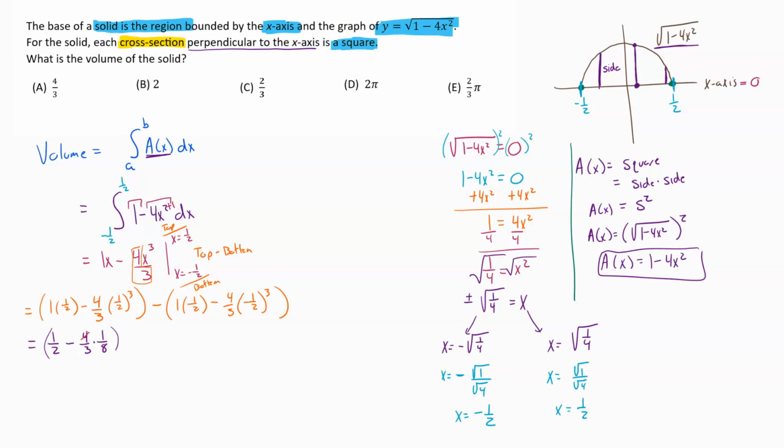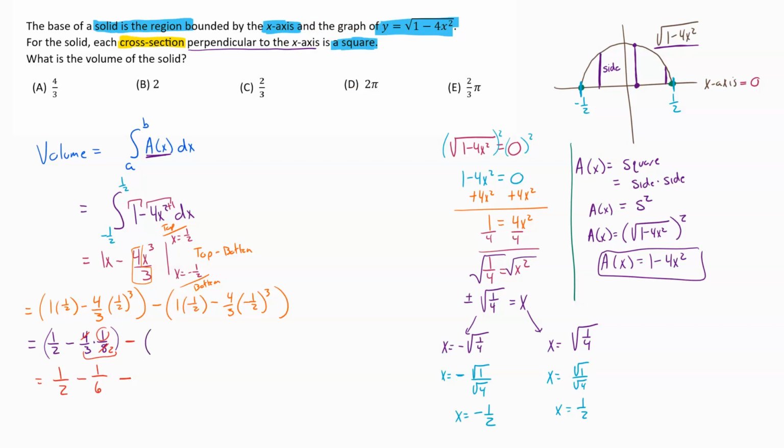So on this piece, I can cancel the 4, cancel the 8, and that's going to leave me a 2. So up front, I now have 1/2 minus 1 on top, and then 2 times 3 is going to get me 6 on bottom.